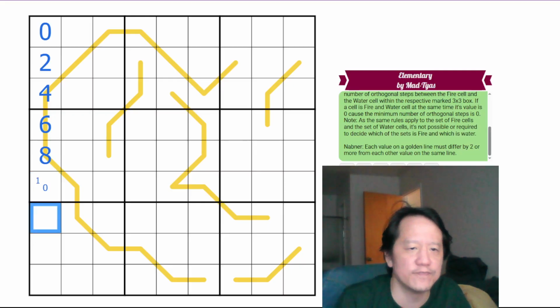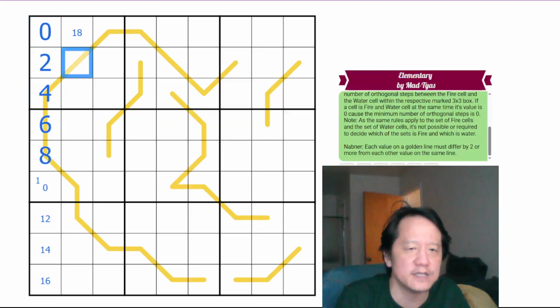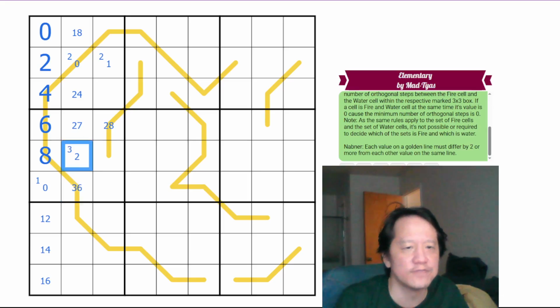We cannot get 15, so 12 works. 14, 16, that's 9 values. 18, we have 1 out of 20 or 21. We have 24, 1 out of 27 or 28. And then we have 32 and 36. And that gives us the 15 values.